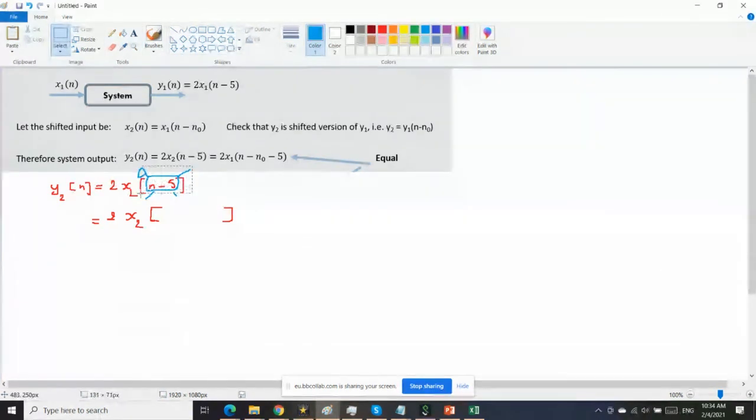That's the definition: you keep the same one and you subtract n0. So we keep the cow and we remove n0.